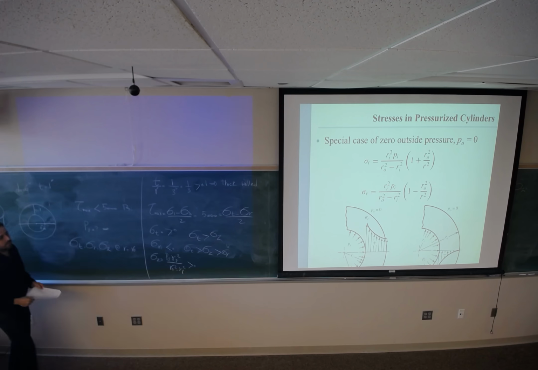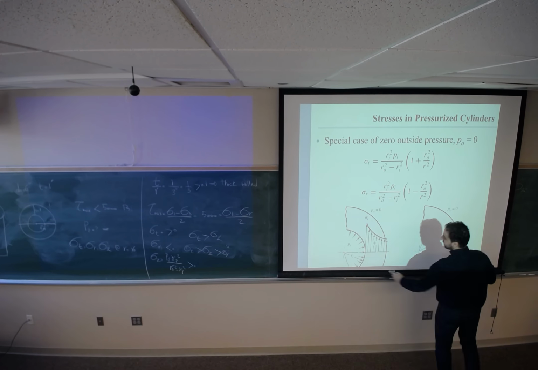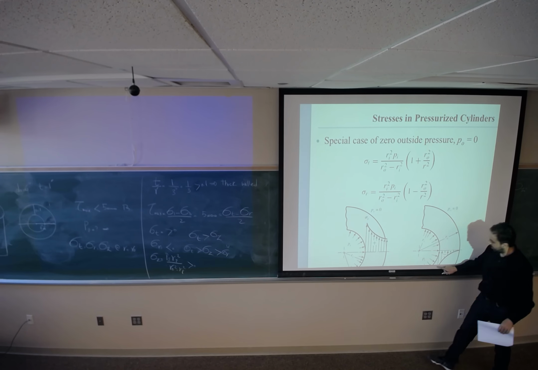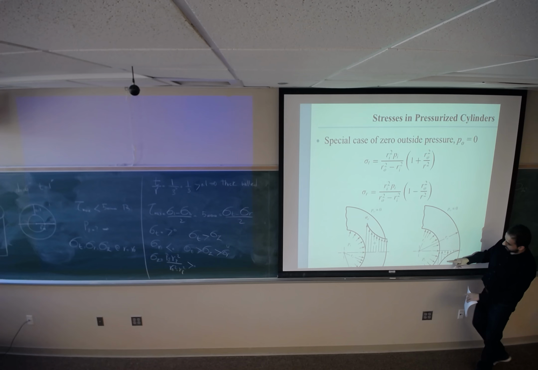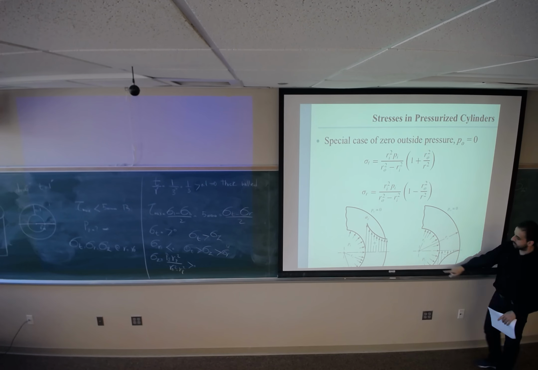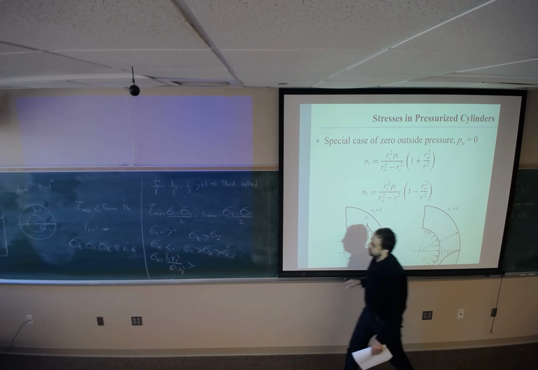Now the question is, at which radius are we going to have the largest distance between these two? As you see, at r equals Ri, the distance between sigma T and sigma R is at its greatest value. So tau max occurs at r equals Ri, at the very inner radius.